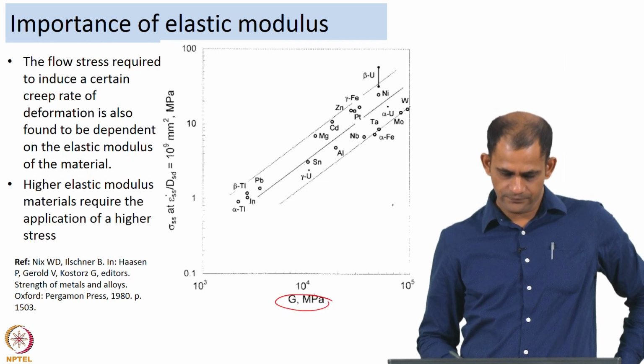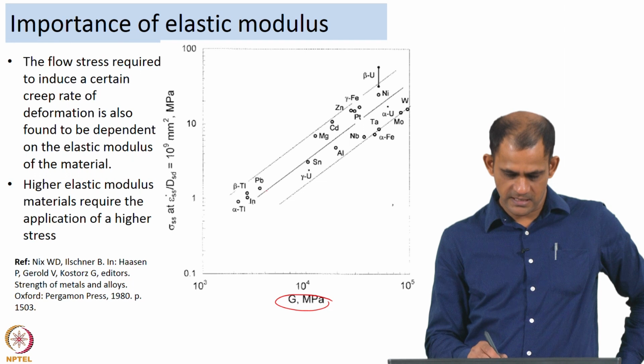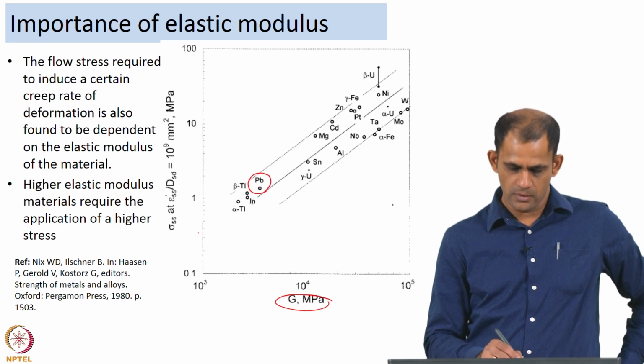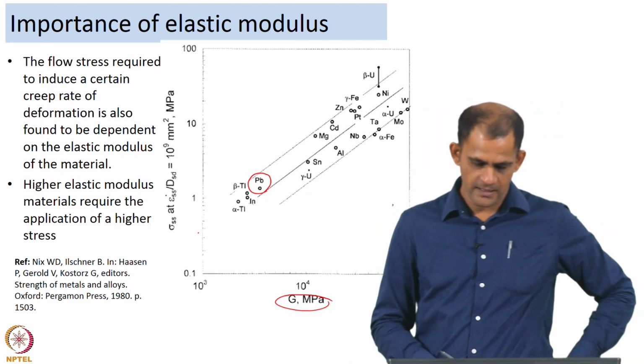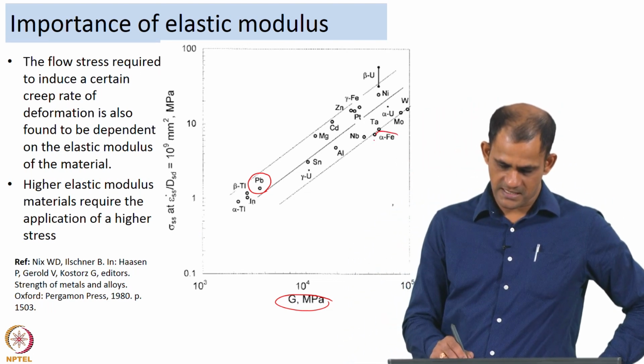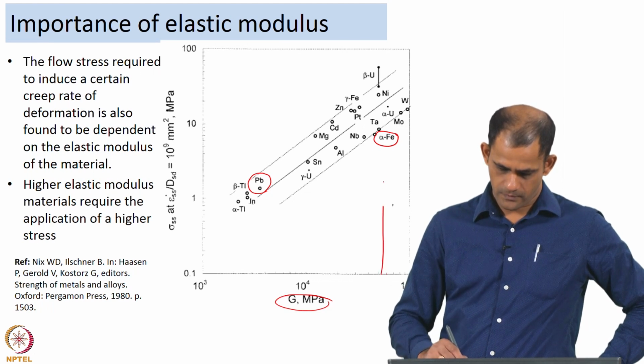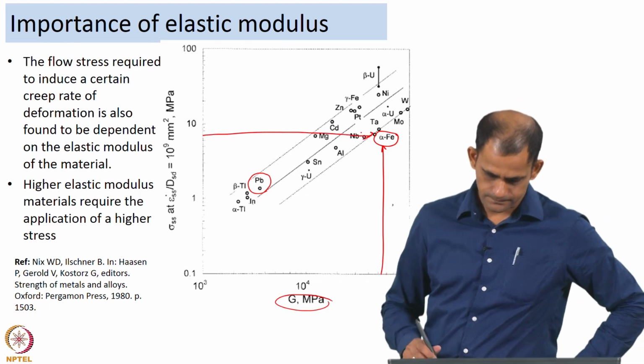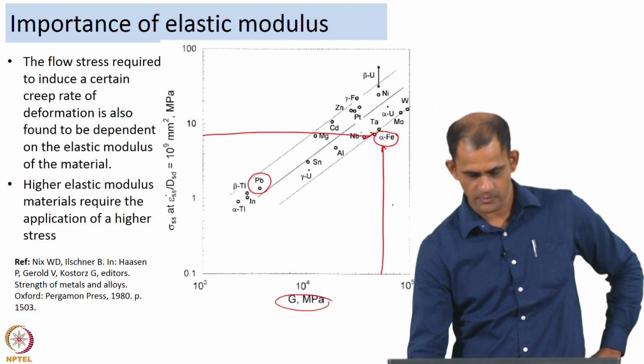If you have a low elastic modulus material such as lead, the stress that you need to apply is low, whereas if you have a high elastic modulus material such as iron, the stress that you need to apply increases accordingly. So, that is the effect of elastic modulus.